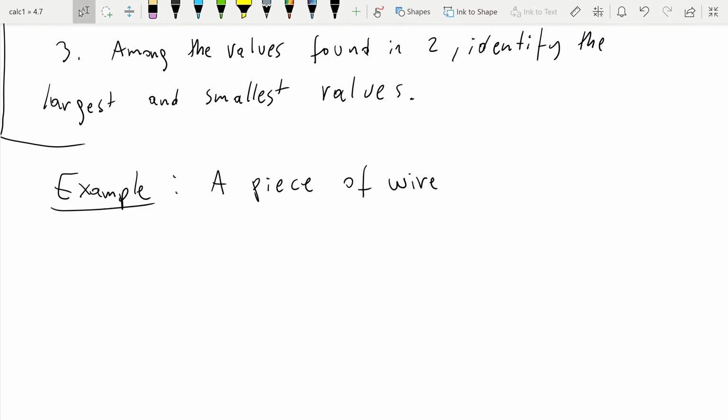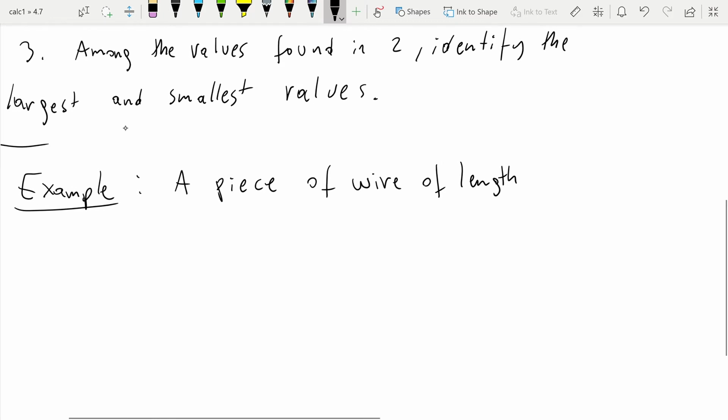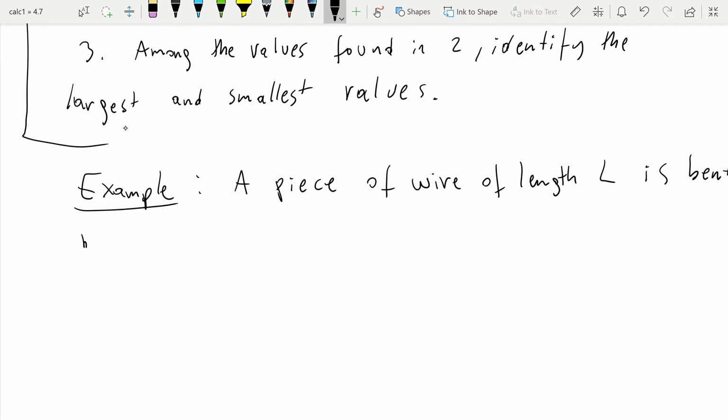So a piece of wire of fixed length. I mean, you cannot stretch it or compress it. Length L is bent into the shape of a rectangle.